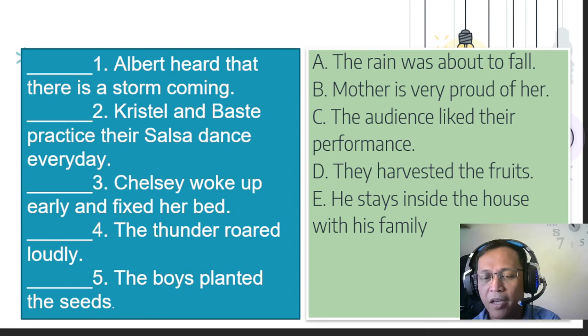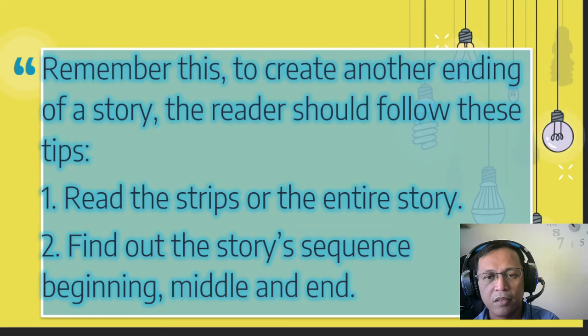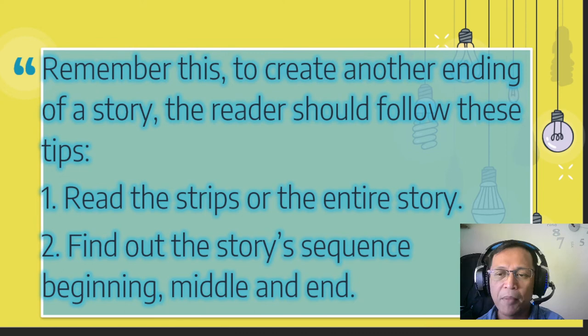And the tips are the following. These are the tips to remember in writing an ending to a story. Remember this: to create another ending of a story, the reader should follow these tips.